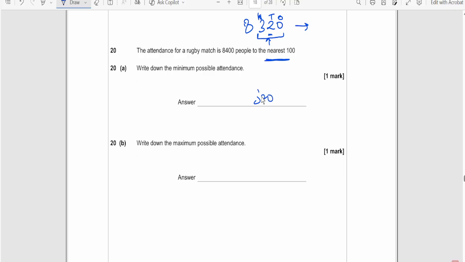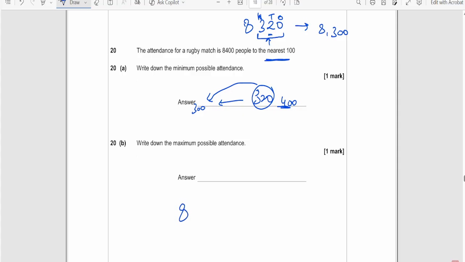Like 320 comes between 300 and 400, right? But 320 is closer to 300 than 400, right? So the answer would be 8,300.